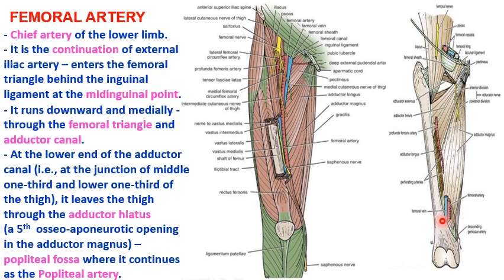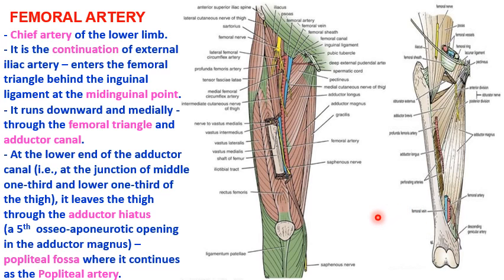After passing through the adductor hiatus, it courses to the back of the thigh and then continues as the popliteal artery in the popliteal fossa.